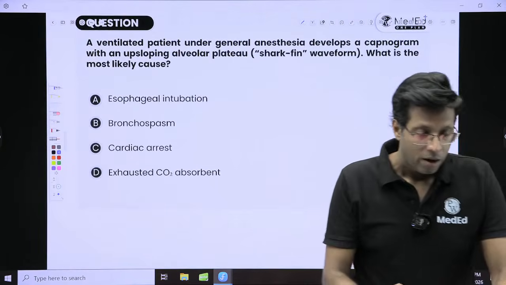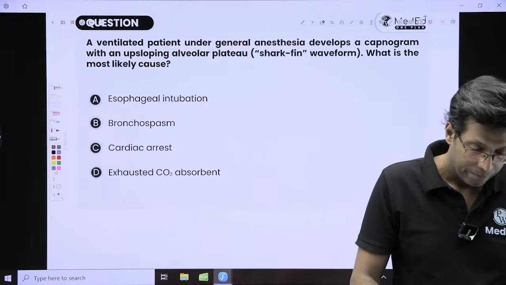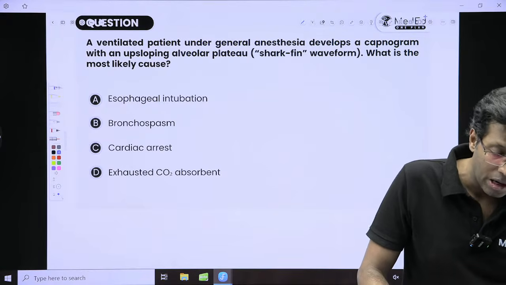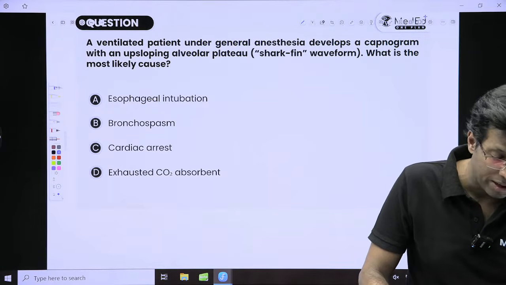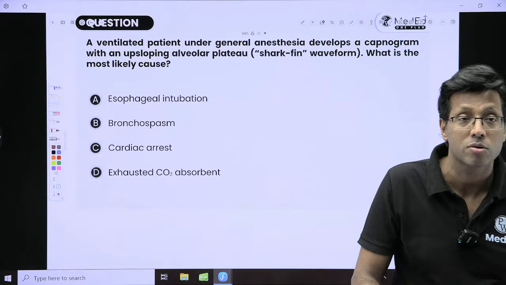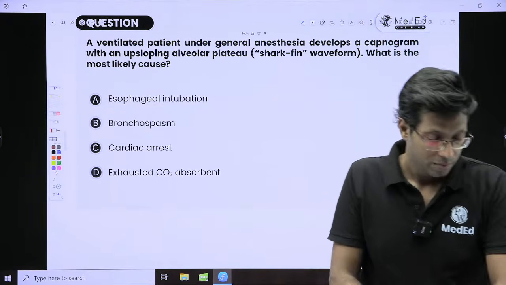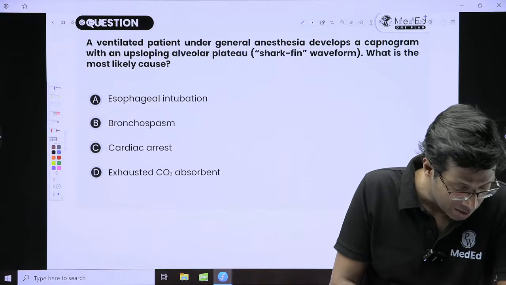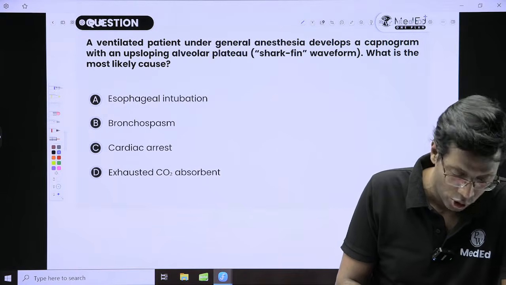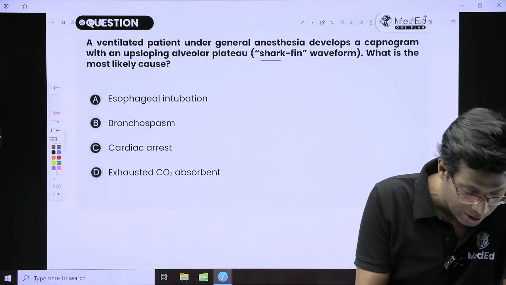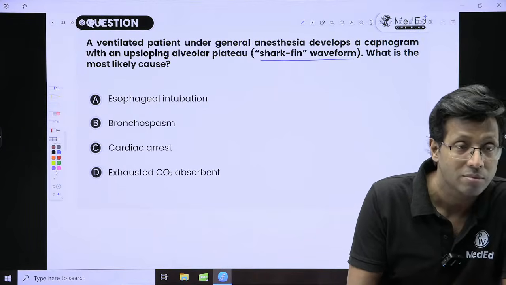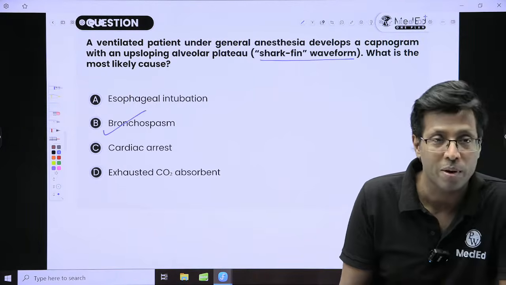Now, a ventilated patient under GA develops a capnogram with upsloping alveolar plateau. Shark fin appearance, everyone knows this. What's the most likely cause? Esophageal intubation, bronchospasm, cardiac arrest, or exhausted CO2 absorbent. Everyone knows shark fin appearance is basically nothing but, which is the answer? Bronchospasm.